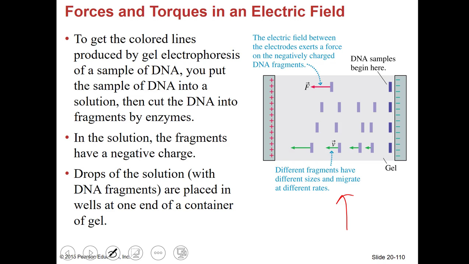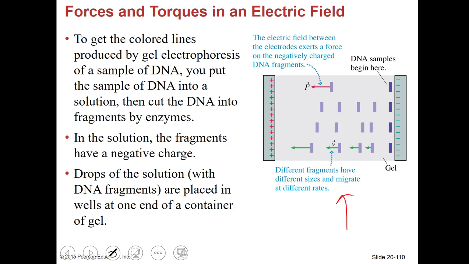The force on negative charges in this picture is going to be to the left. So drops of the solution are placed in wells at one end of the container, and different fragments have different sizes and migrate at different rates. So they spread out according to that, and you get a unique display from that. So different pieces experience force, but some of them are larger, spread out at different rates, and you get a picture that might look like this.